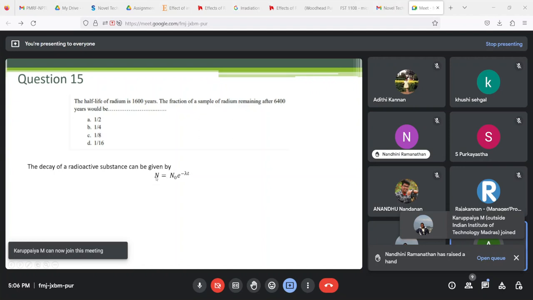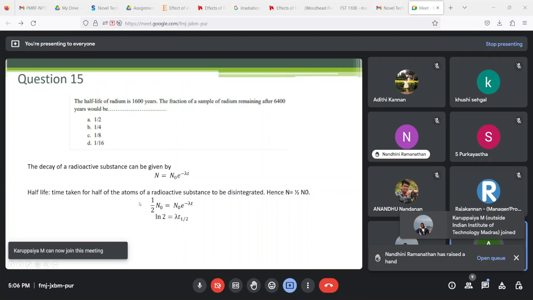So n here will be half, in case of a half-life, half of the radioactivity is lost. So n will be equal to half of n naught. So you're substituting n as half of n naught. N naught gets cancelled, and you have e power minus lambda t on the RHS.